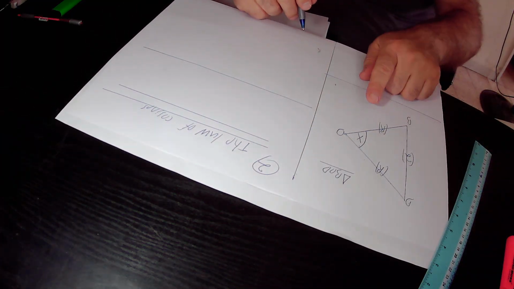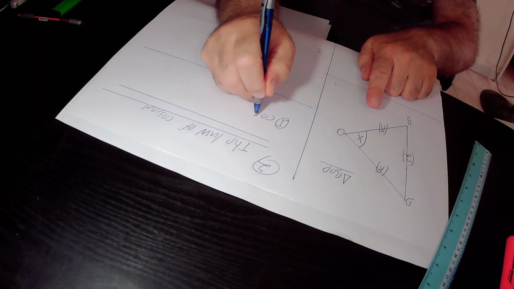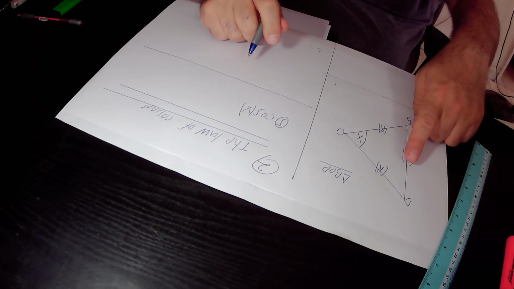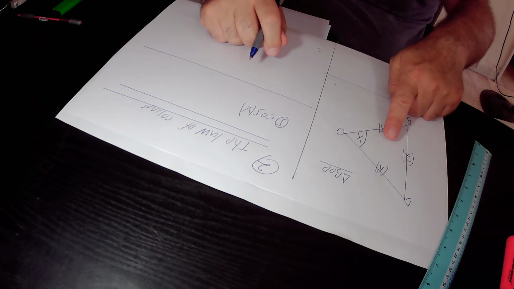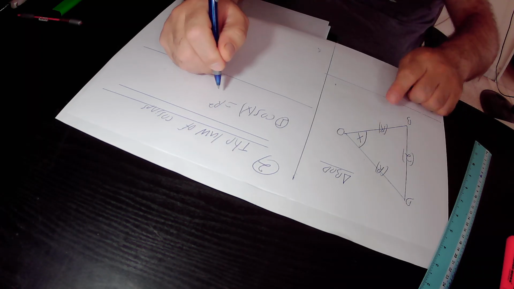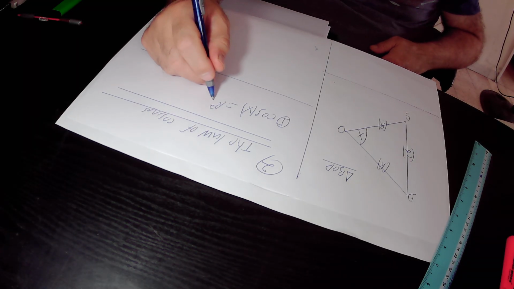So according to the law of cosines, cosine x will be equal to DO square. DO equals R, therefore DO square is R square, plus OB square. OB also equals R, therefore OB square is R square.